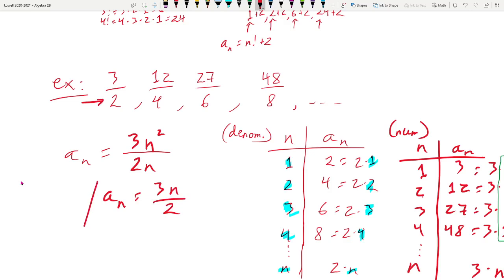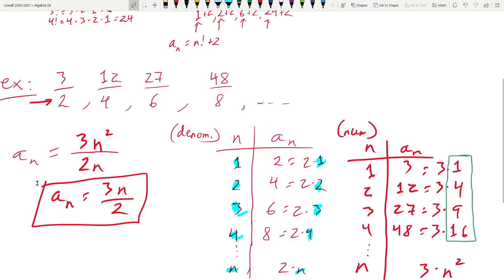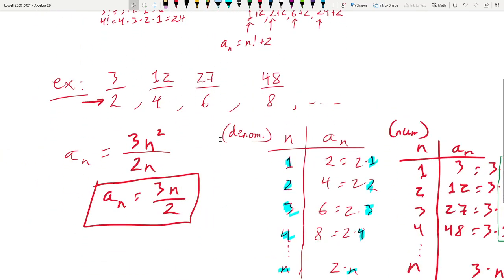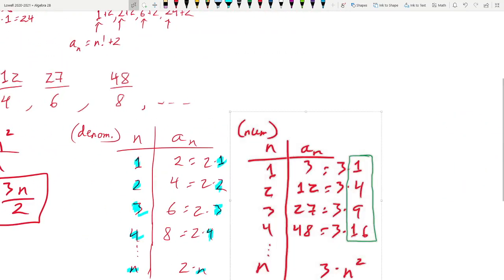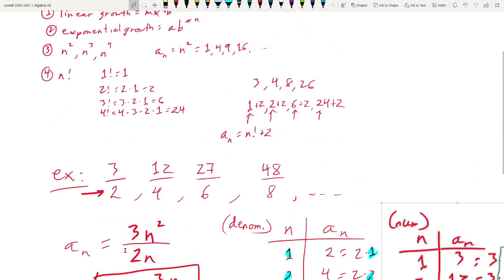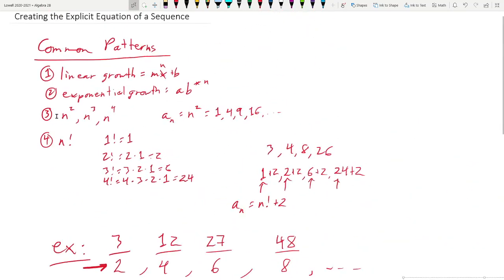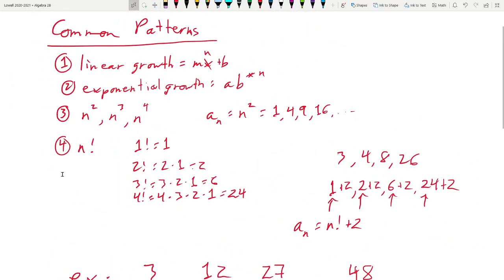So those are just a couple of tips, and hopefully you grabbed some out of this video. When I'm looking to create the equation of something like a fraction, break it up into a numerator and denominator, and find their sequences separately. And when I'm looking at an actual sequence on its own, see if you can break it down to contain one of these 4 families.